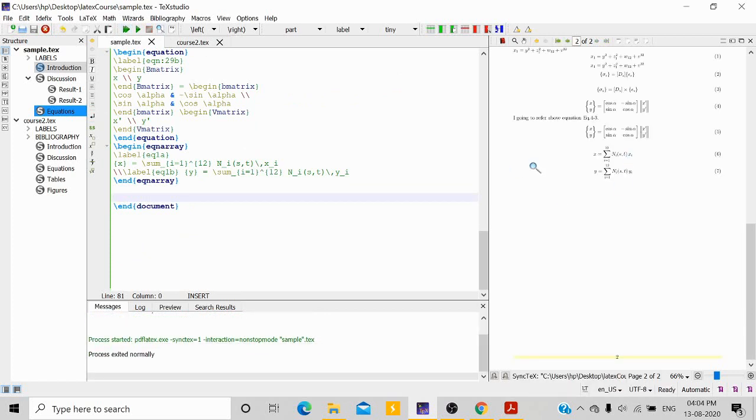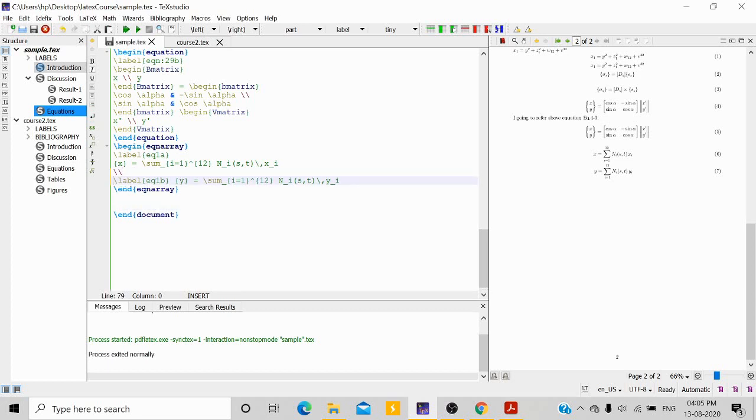See, there are two equations directly between this. Before, one equation we were writing, begin equation, end equation, only one equation we were able to write. But now you can write two equations and the equations will be labeled, you can see.